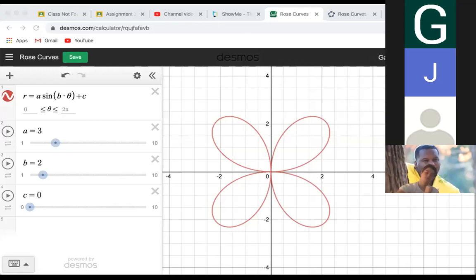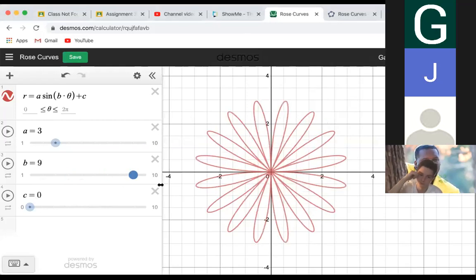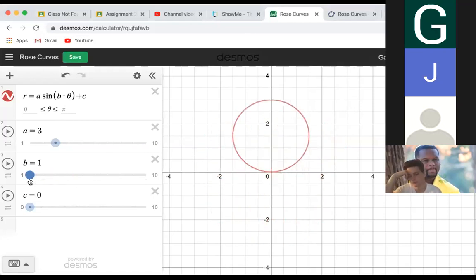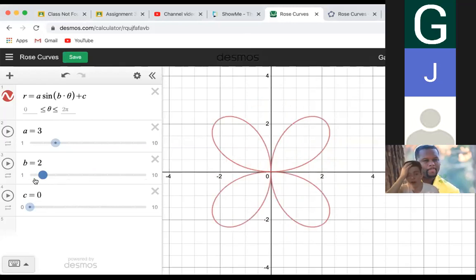Great. So first of all, I want to show you something about what happens when I make something odd. So this is with c equals 0 first. When c is 0, we get these flower-looking things. But notice that when b was 1, there was not double the amount. It was just 1. But when b was 2, it was 4.